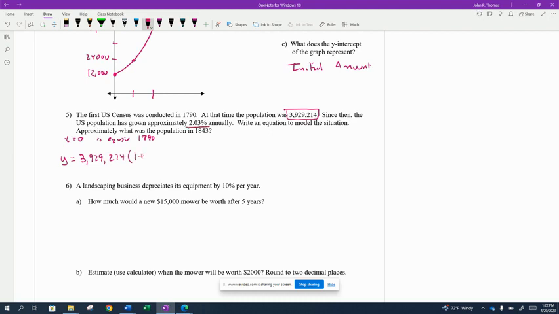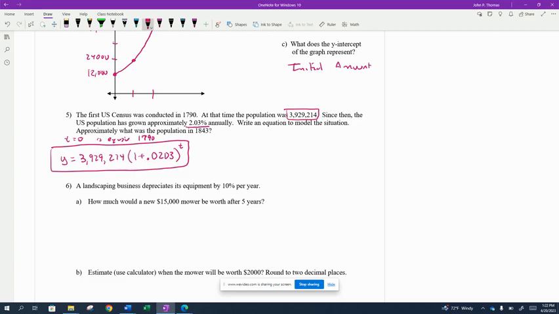The growth rate was 2.03%. So I'm going to shift that 2 decimal places so that we're looking at the equivalent number for that percent, 0.0203, and that's going to be raised to the number of years t. All right, so this is our exponential growth model that we're going to use for this situation.